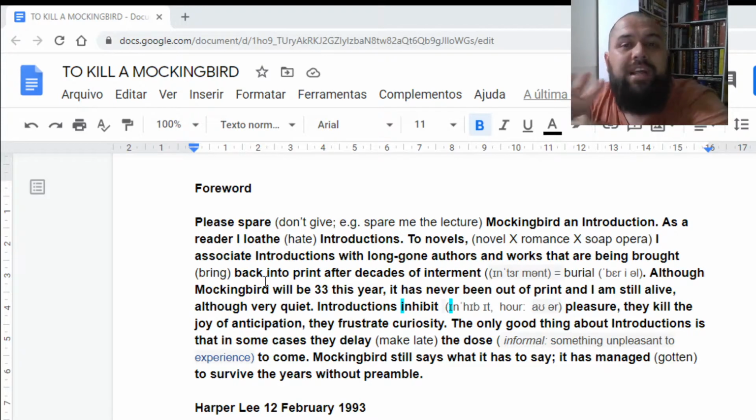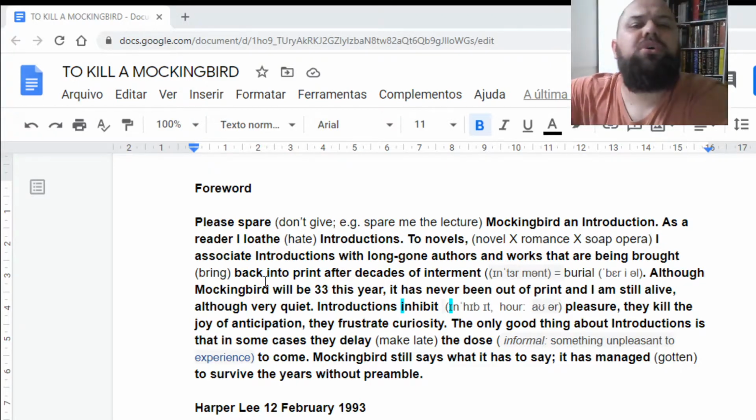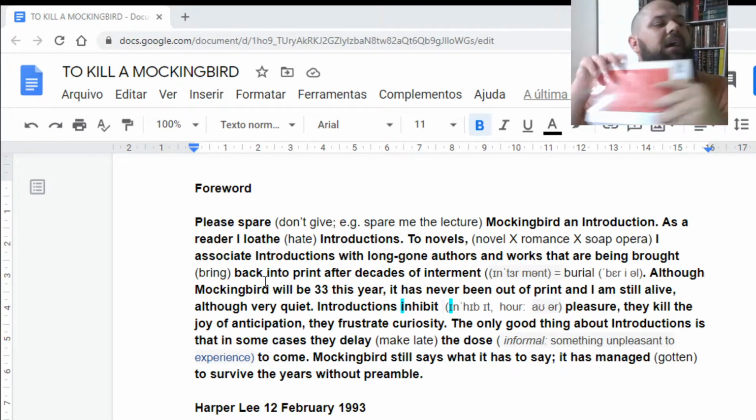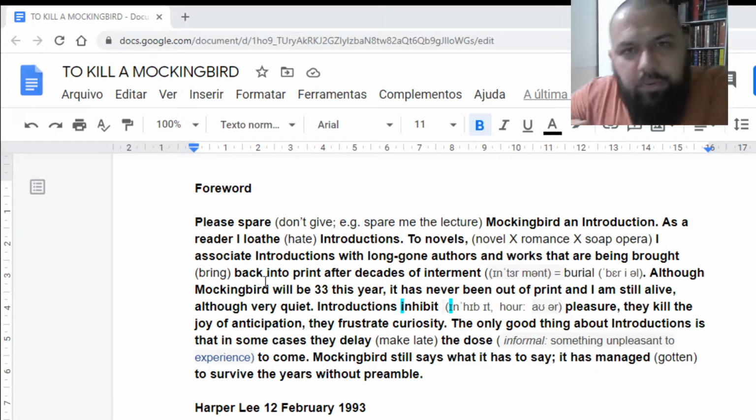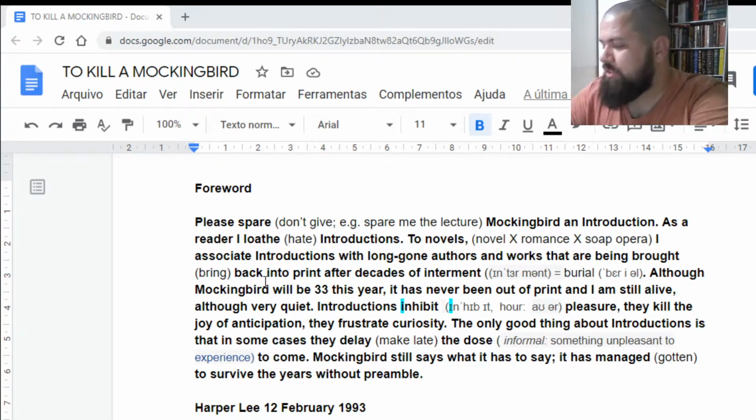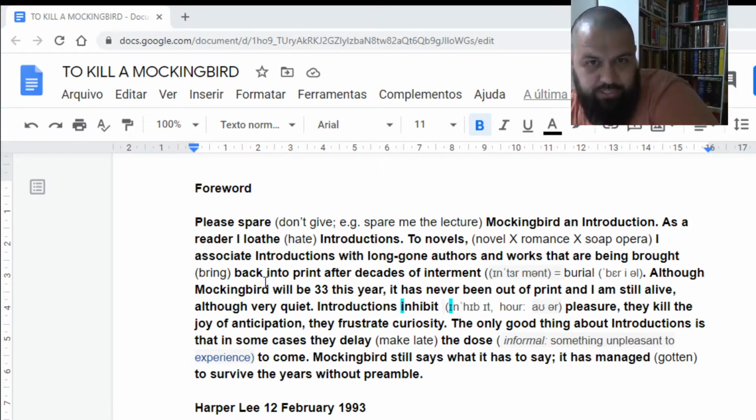So in my foreword, I don't say anything about the plot, okay? But I say, even though this book was much criticized for its politically incorrect language, this book is important because of that and that and that and that. So remember, imagine if I made an introduction like that.